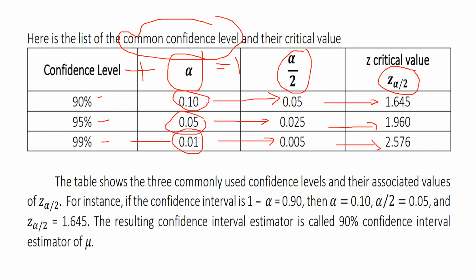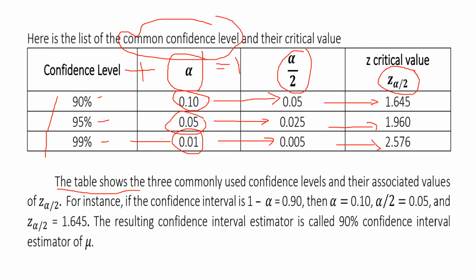It is important for us to memorize these three values and their critical values, because these are the most commonly used values for your confidence interval. Even without your C table, if we memorize these values, right away we can give the critical value with the given confidence interval in the problem.